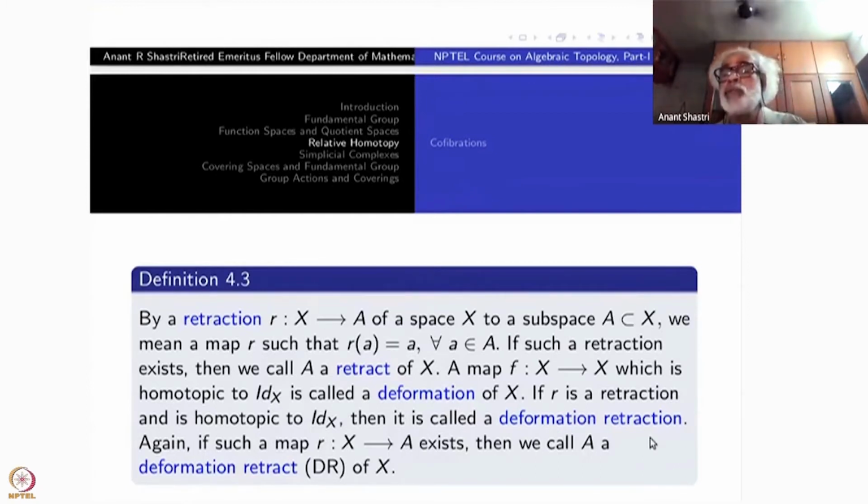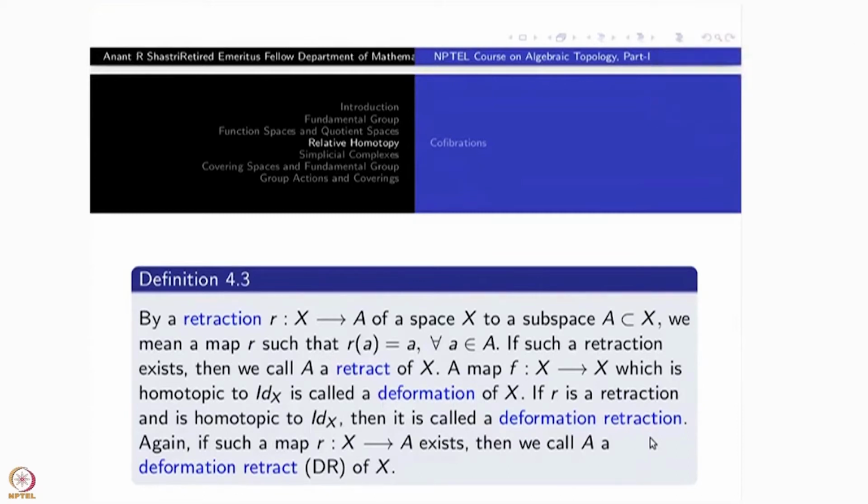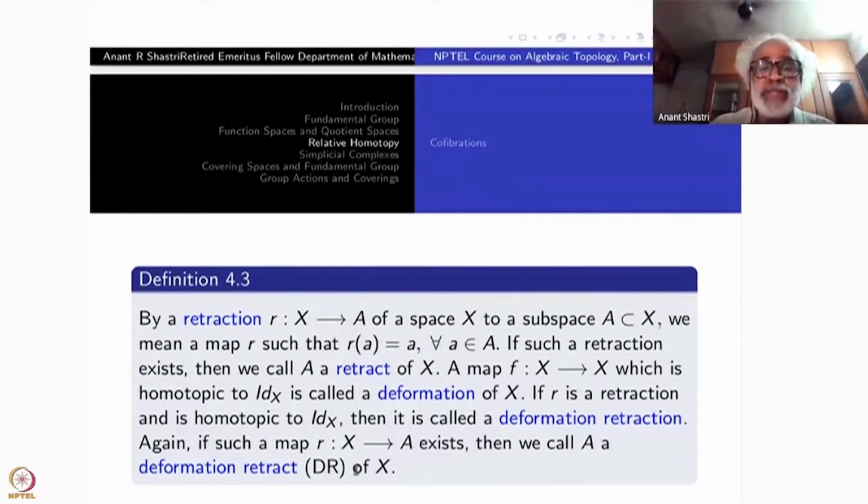The homotopy is taking place inside X. The image of R is A, but the identity map is there from X to X, right? So it comes slowly and sits inside A. That is the meaning of a deformation retraction. Again, if such a map exists, then A will be called a deformation retract of X.